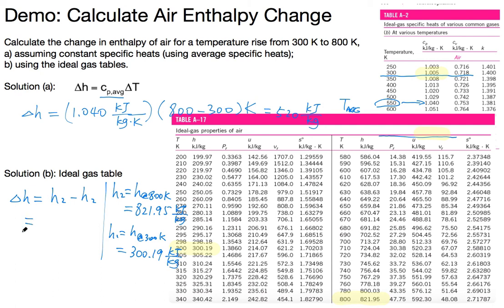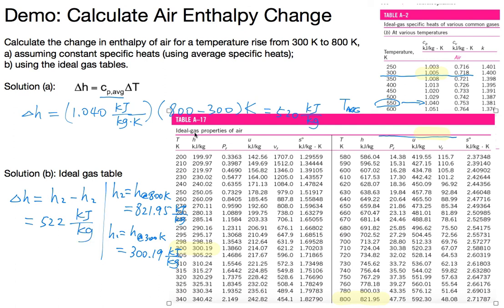Taking the difference of the two, we can see that delta H is equal to 521.76, let's round up to 3 significant digits, and then we will have 522 kilojoule per kilogram.